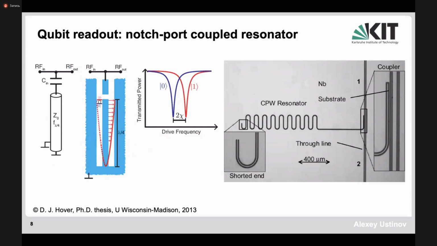The other type of resonators, which are more compact and also very frequently used, is the so-called notch port coupled resonator. Simply, it's a resonator which is grounded. By grounding, you make the two ends of the resonator have different boundary conditions. So one is open, which corresponds to the maximum of the electric field amplitude. And the bottom, which is grounded, corresponds to the maximum current flowing there.